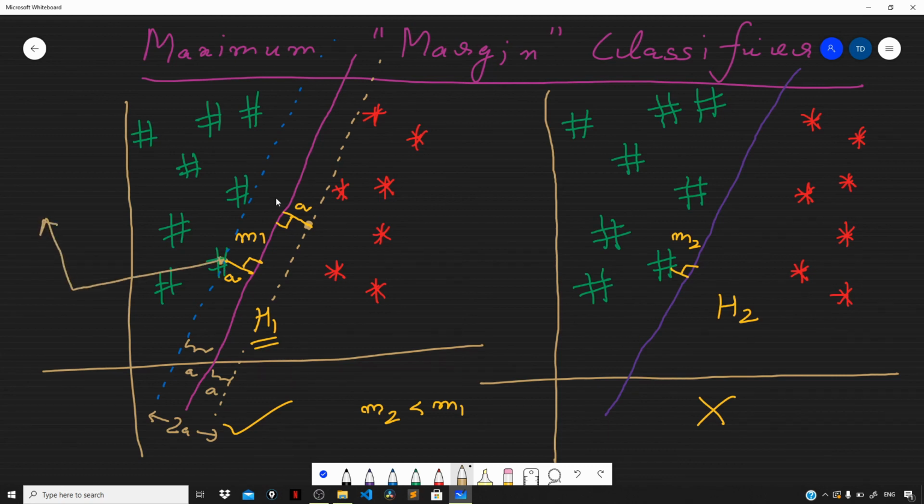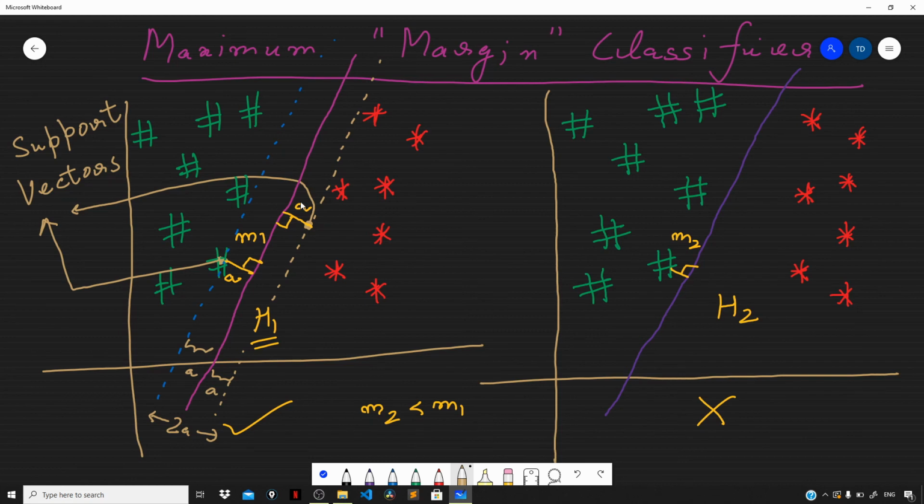So this one and this one, these 2 points are called as support vectors. And the midline of this gap that we got in this case is the maximum margin classifier, and any other line is far away from this line and far away from being called as the maximum margin classifier. So this is not a maximum margin classifier, but this is one.